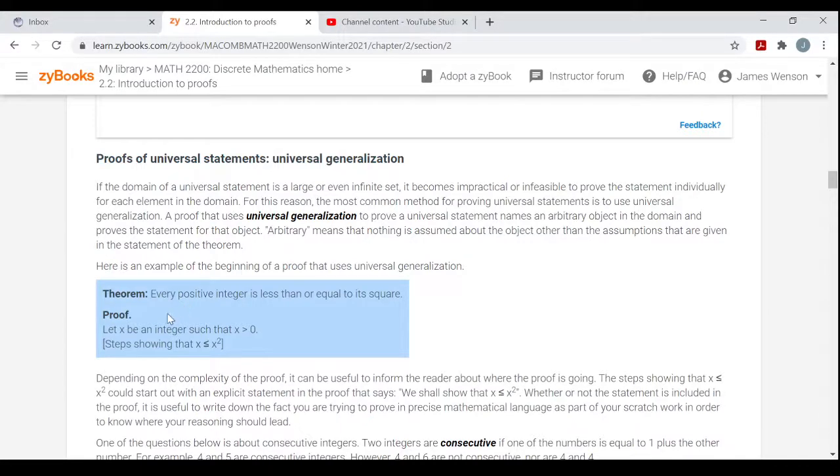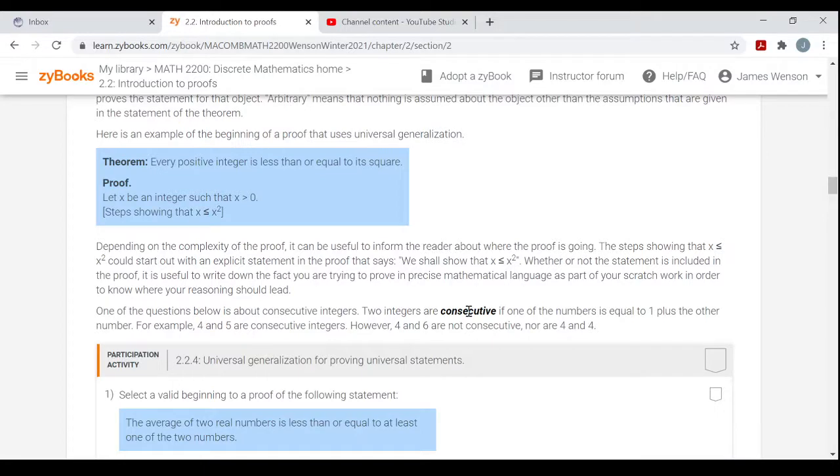You're going to say, hey, I can't possibly go through exhaustion. I can't go through every single one. So I'm going to let a variable represent every single one. I'm going to let x be a positive integer. And there you go, like I did earlier in my proof. All right, and they define what, hopefully you know what it means for 2 integers to be consecutive, right? It just means 5, 6, 6, 7, 7, 8, they're 1 apart.